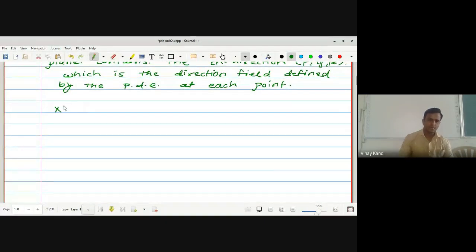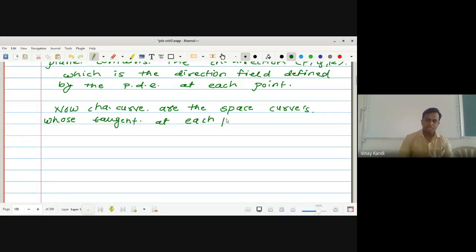Now, the characteristic curves are the space curves whose tangent at each point coincides with the characteristic direction PQR at that point.